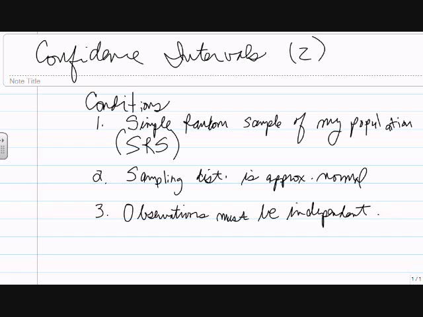I need to make sure that the first person that I ask in my survey isn't telling the next person what they should be answering. I need to make sure that when I ask people or when I measure people, those measurements aren't influenced unduly by other people in the survey or by me.